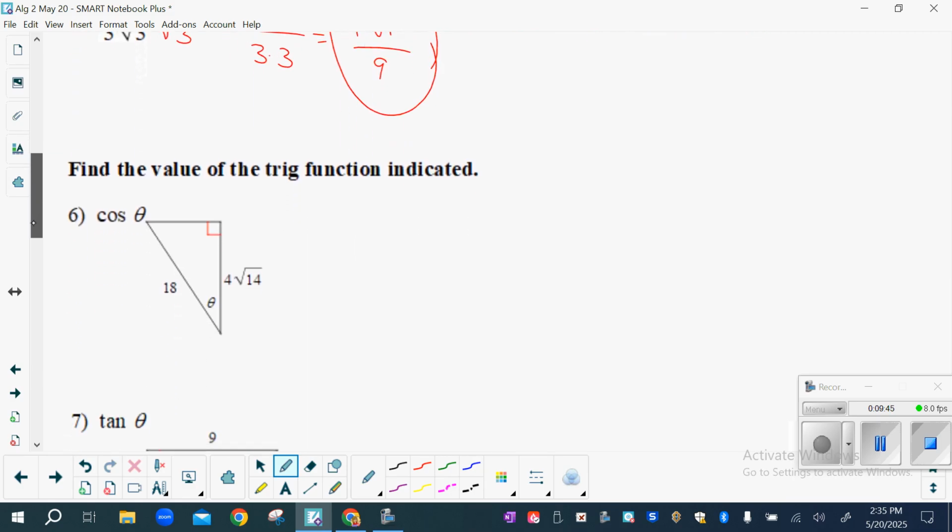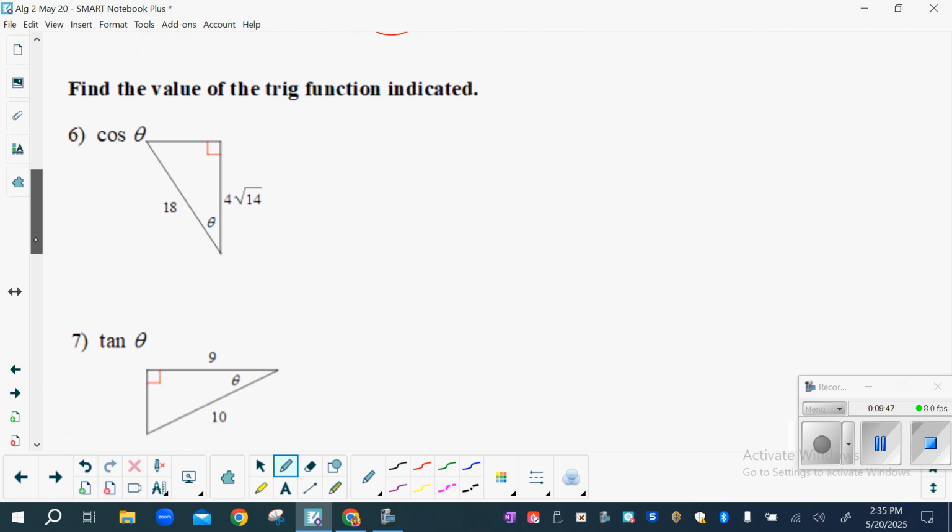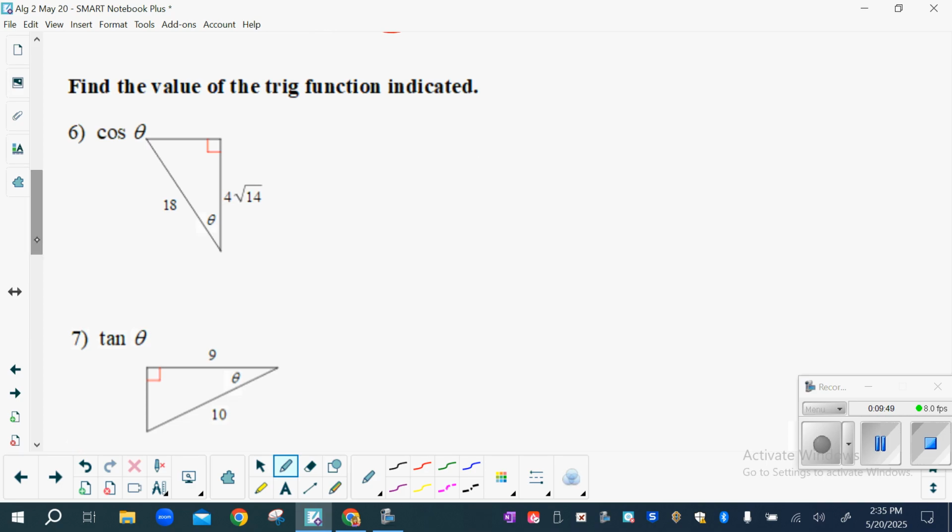So we're going to find some trig functions. So this is cosine theta. This question, does it ask me to find theta or does it ask me to find cosine theta? Cosine of theta, which is different than finding theta, isn't it?